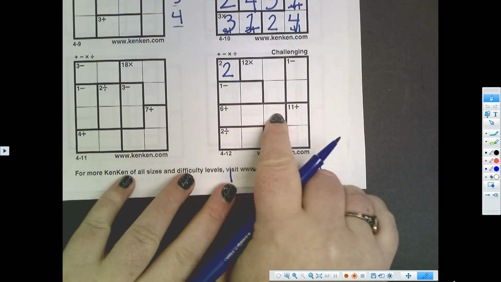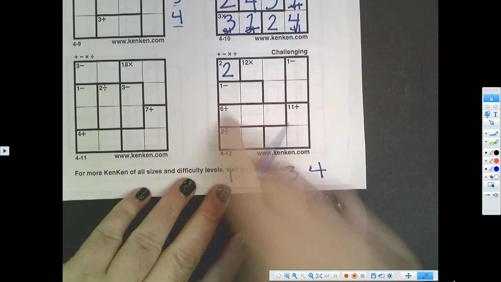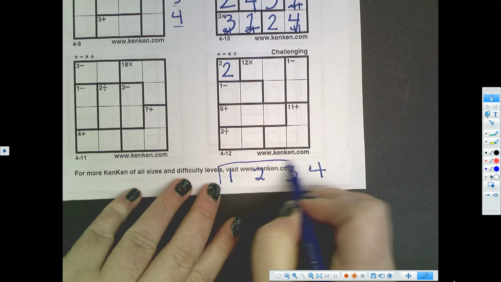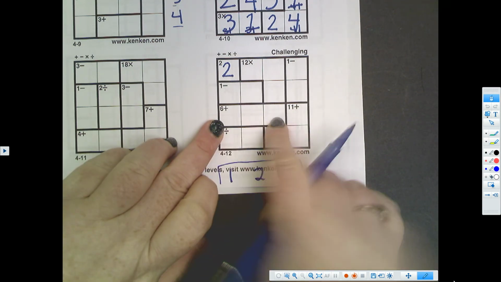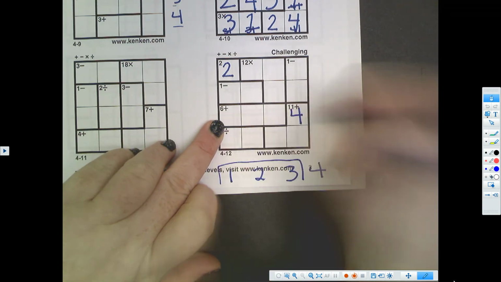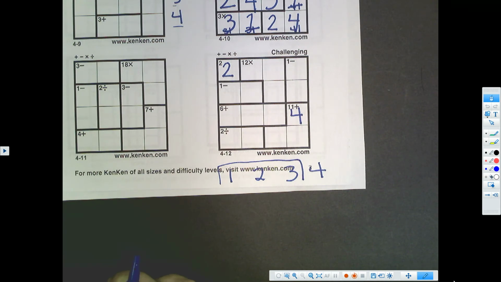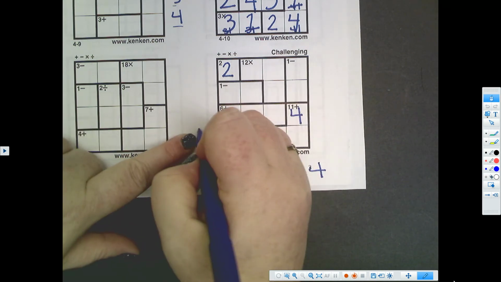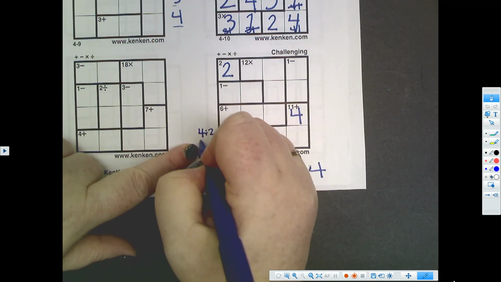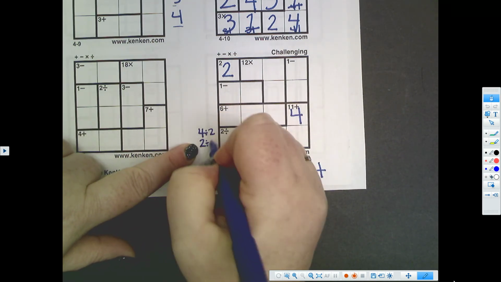Now, 3 numbers without repeating that add up to 6, that has to be 1 plus 2 plus 3. I have to put a 4 over here. And remember, the same logic we used in that last box, 4 divided by 2 or 2 divided by 1.